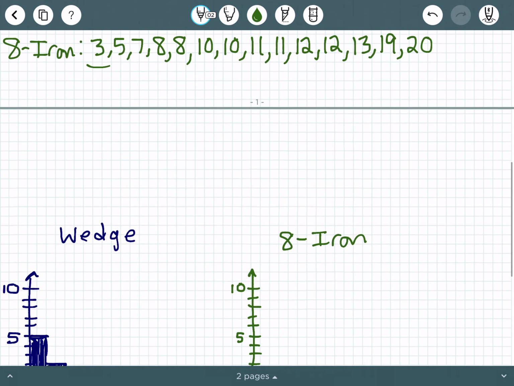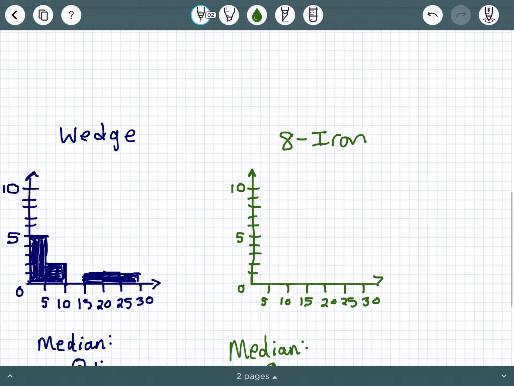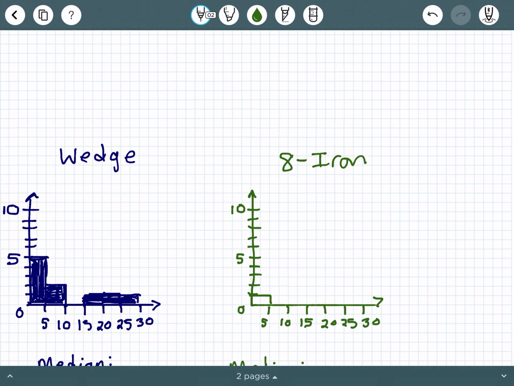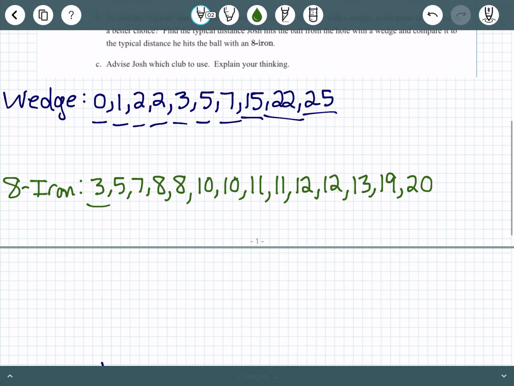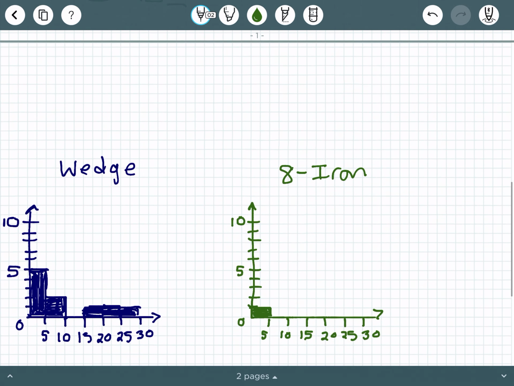So I'm going to go down to my histogram. For this first range here, I have 1, so I'll shade that in. Next is going to be a range of 5 to 9. It looks like I have 1, 2, 3, 4 of those. So I'm going to draw a bar that goes up to 4, and then I can shade in.